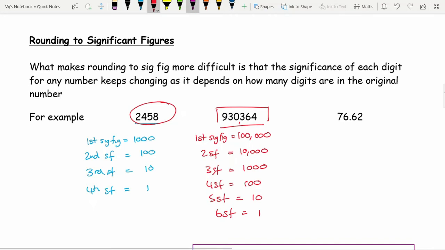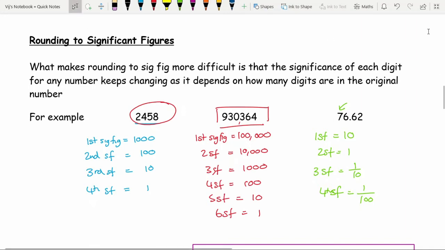Likewise, if we move on to our third number, which is 76.62, our first Sig Fig represents tens, our second Sig Fig represents units, our third Sig Fig represents a tenth, and our fourth Sig Fig represents a hundredth. So these are the questions you need to ask. You need to look at the first digit, or the first non-zero digit, which I'll talk about in a second, and then go from there, which holds the greatest value, or in this case, significance.